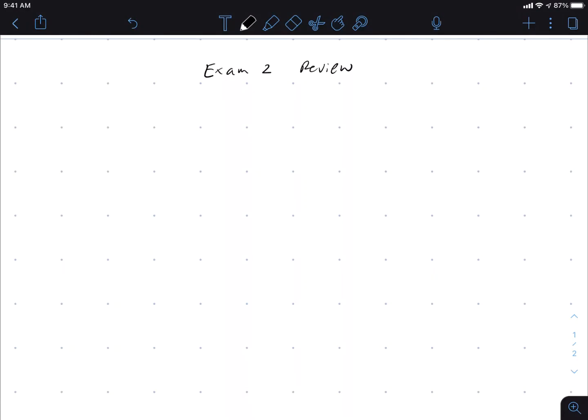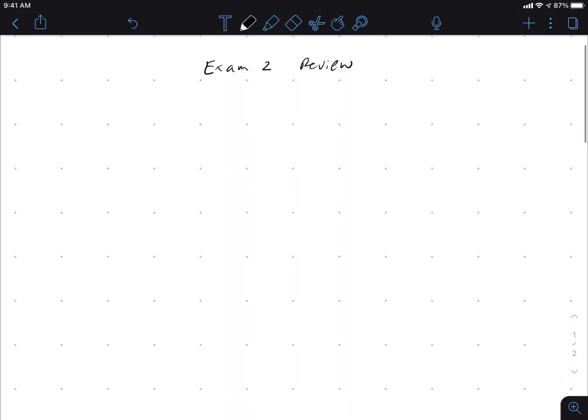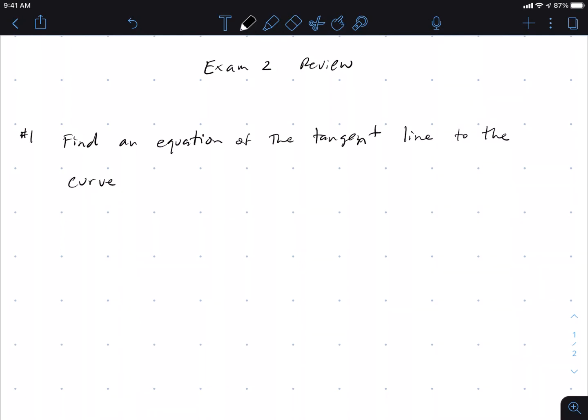All right. So the first question that we're going to talk about is going to be: find an equation of the tangent line to the curve at the given point.